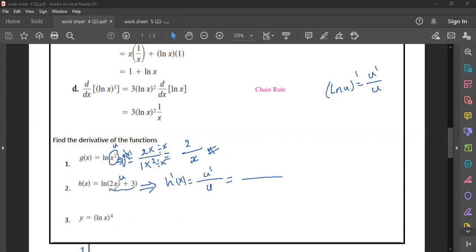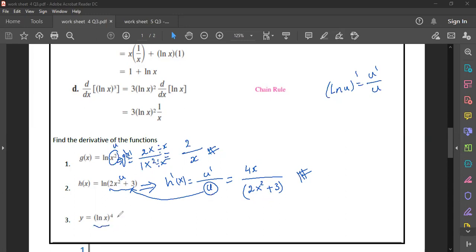What is the derivative here? 4x plus the derivative of 3, which is 0. I don't need to write it. So it will be 2 over u. What is u? As you see, the function that we take the ln of, plus 3. That is your answer in the simplest form.